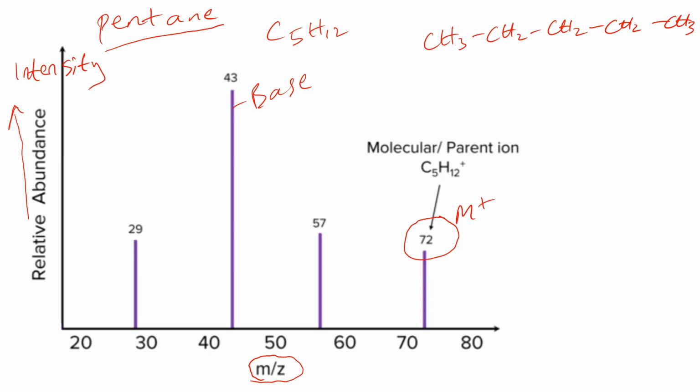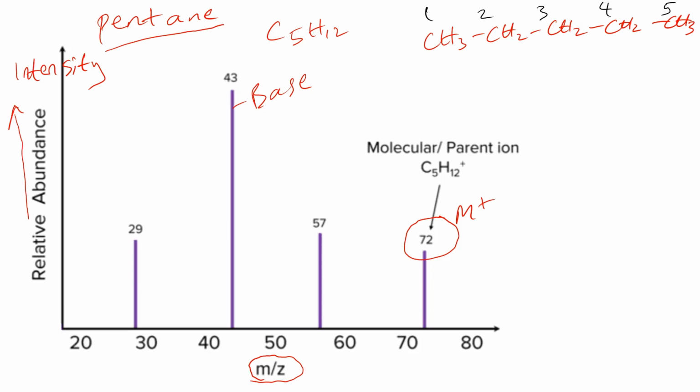All right, so now let's look at the fragmentation of pentane. First of all, I will number my carbon atoms 1, 2, 3, 4, and 5.